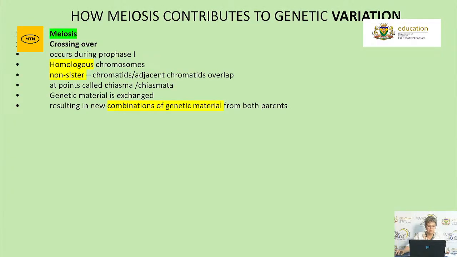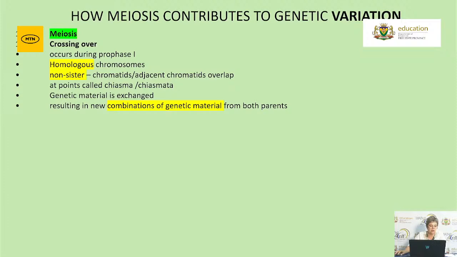Something that I just want to look at is crossing over, how you are going to state it or how you are going to write it. Remember, it occurs during prophase 1, that is important. Then we have to say homologous chromosomes. We cannot say chromosomes exchange genetic material. Sometimes you say it's prophase 1, chromosomes exchange genetic material, and you leave out the fine detail of the process.